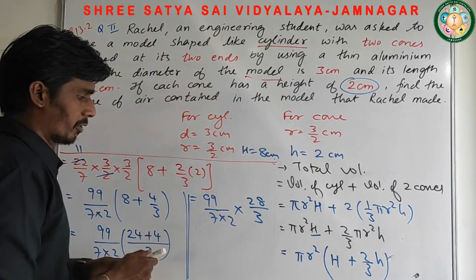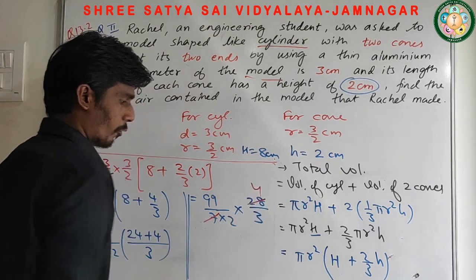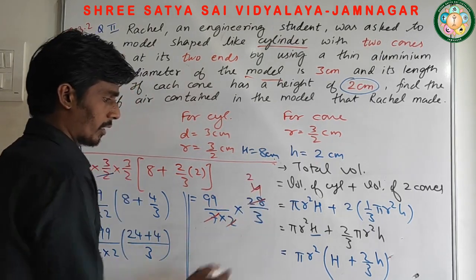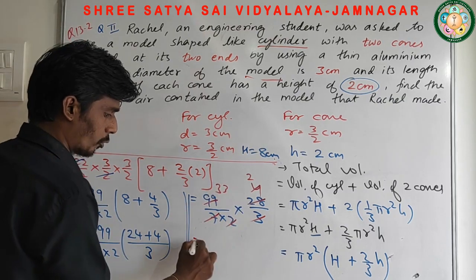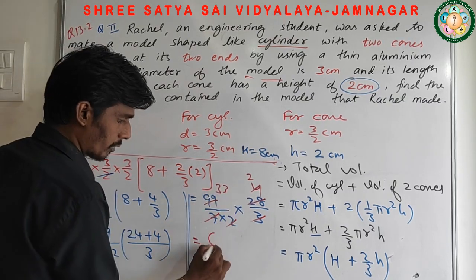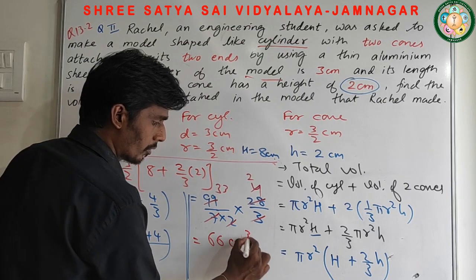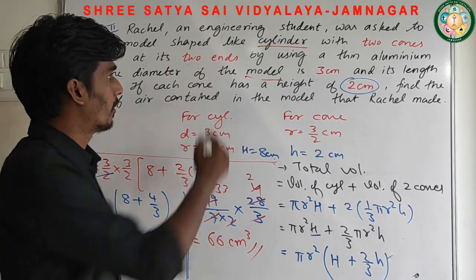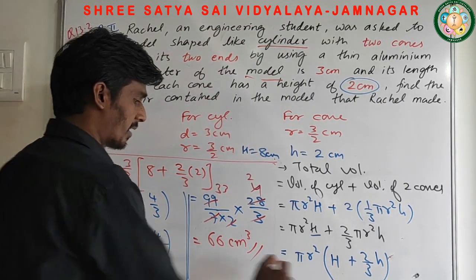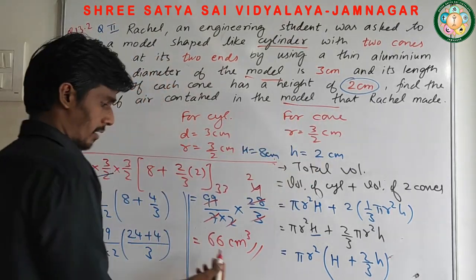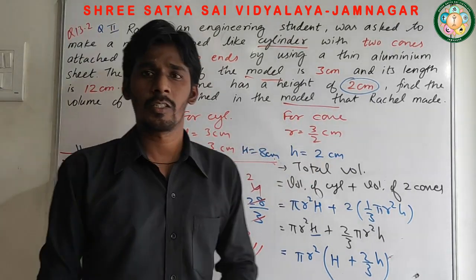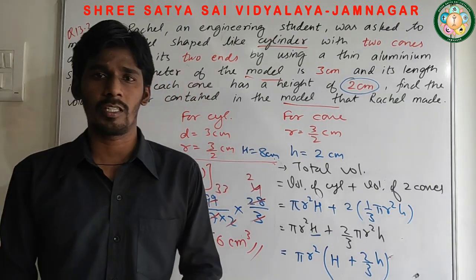Whatever is reducible, just reduce it. 7 4s are 28, 2 2s are 4, 33 into 2, it's 66 centimeter cube. This is the volume of the given model. So write down the statement finally: the volume of the given model is 66 centimeter cube. So this is the way we can solve question number 2.